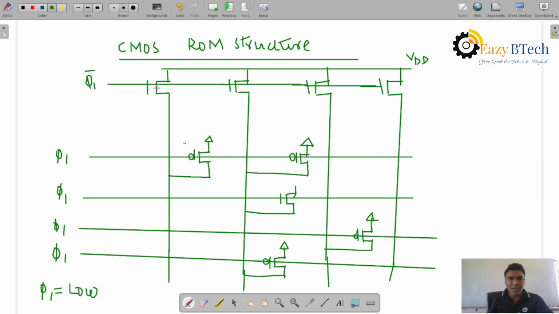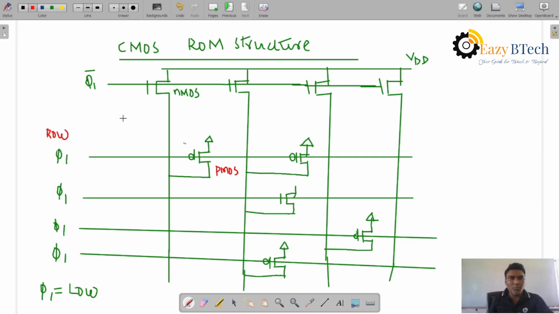Now what happens? VDD is passing through this one, and the PMOS transistors are here. It is a CMOS, so this is NMOS and this one is PMOS. When the transistor is present, there is the row selection, which means address lines.